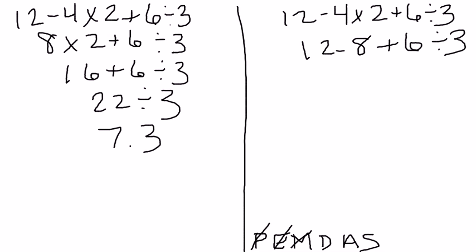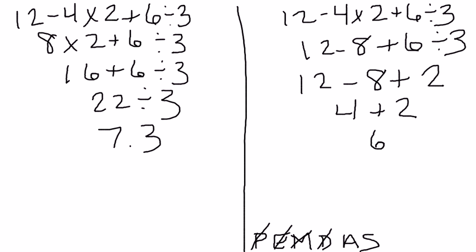So 6 divided by 3 is 2. And we'll just rewrite everything else. Do we have any more? No. So we're going to go to addition and subtraction. Remember, left to right. So 12 take away 8 is 4, plus 2. And our answer will be 6. So yes, following this rule, 6 is our answer.